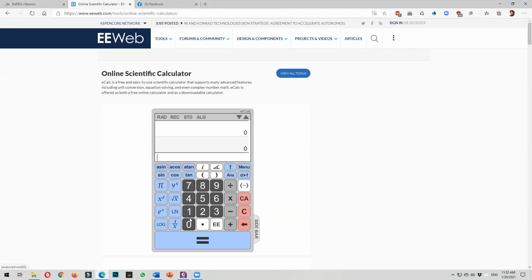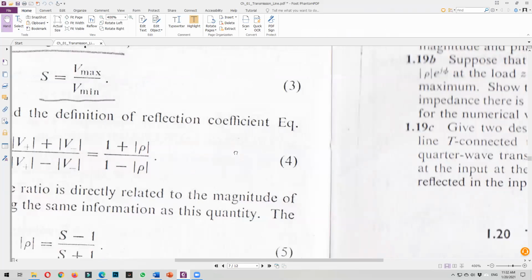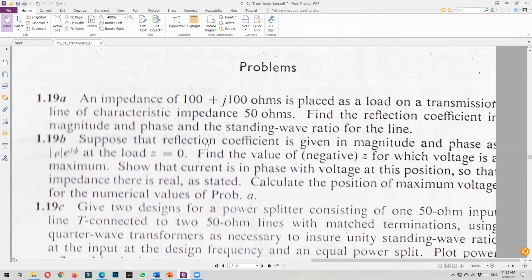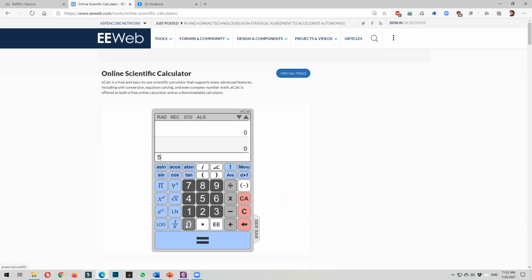Okay. What is the value we have? We have the value 50 plus j 100, that is 50 plus 100 I.